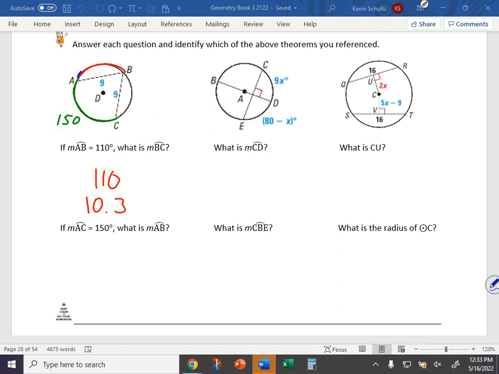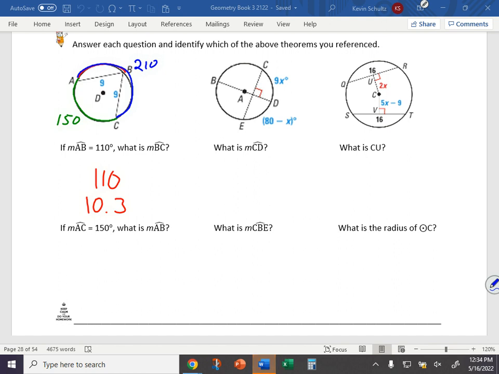Okay, so 360 minus 150 is 210. And 210 represents this whole section here. Because if from A to C is 150, that means the major arc going the other way, ABC, has to equal 210, because the total has to be 360 degrees in the circle. The arc addition postulate tells us that 150 plus 210 would have to equal the whole thing.